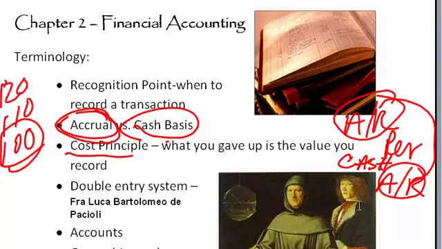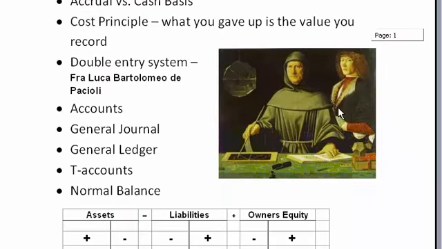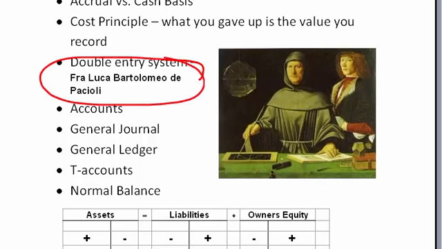This whole concept of the double entry system was created by Fra Luca Pacioli, a Franciscan monk in the 14th century. They didn't have very many Walmarts back then, so he wrote all of his double entry system into the margins of Bibles.